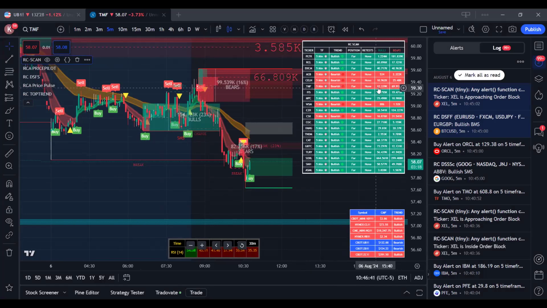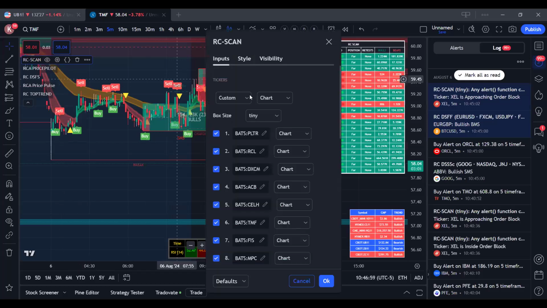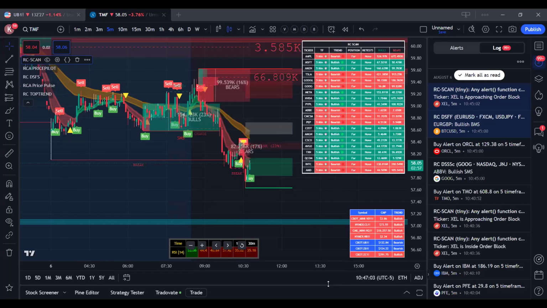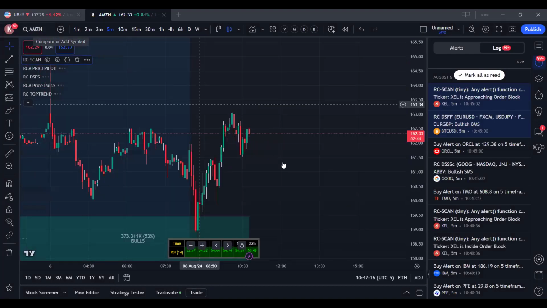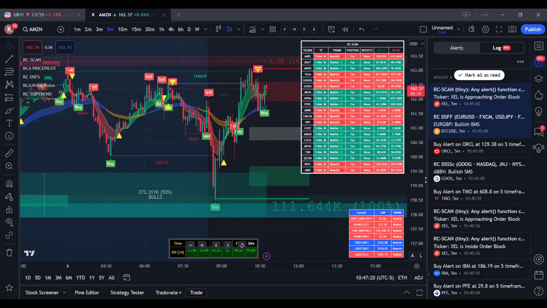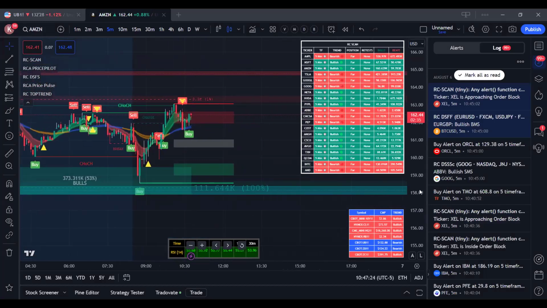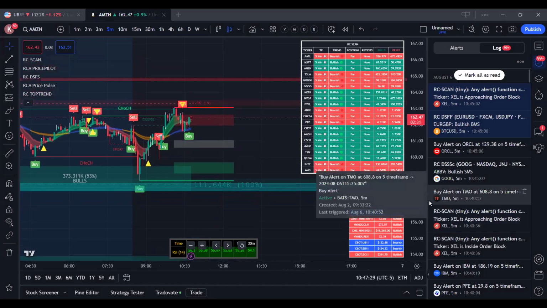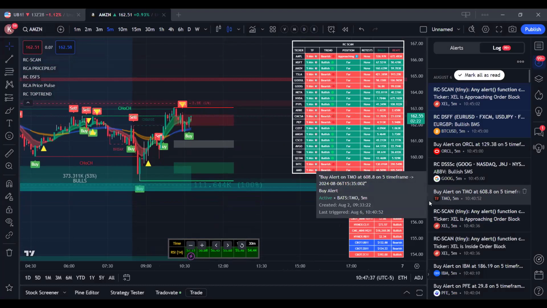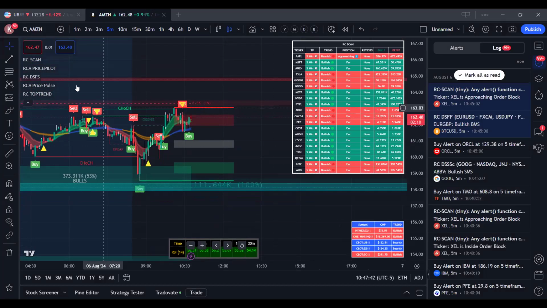Actually, there are more number of bears. 13,000 bulls and 69,000 bears. So it's looking good.